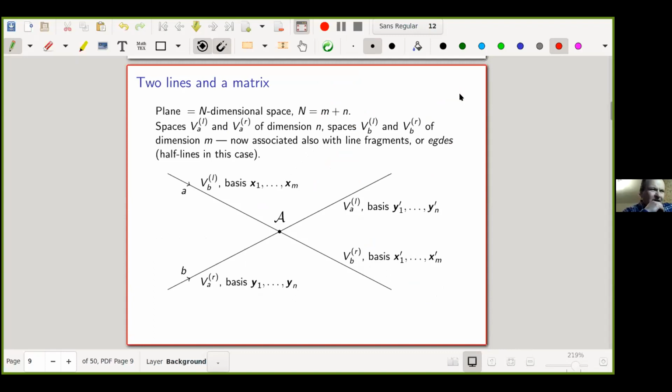Now imagine that we have a picture with two lines in a plane, and moreover, there are some integers called m and n. The dimension of the whole space corresponding to the plane is their sum. N capital is m plus n.